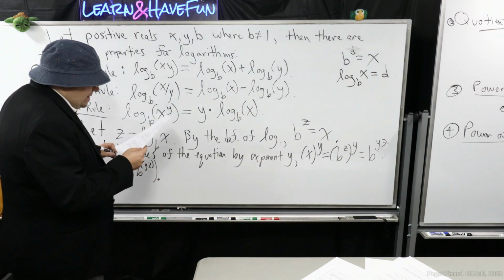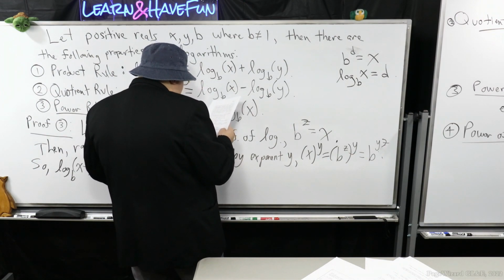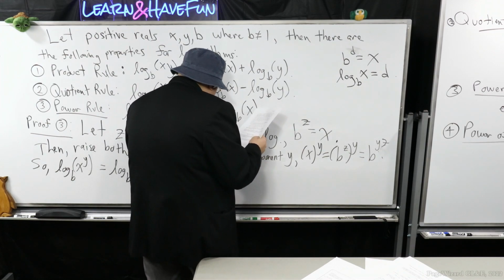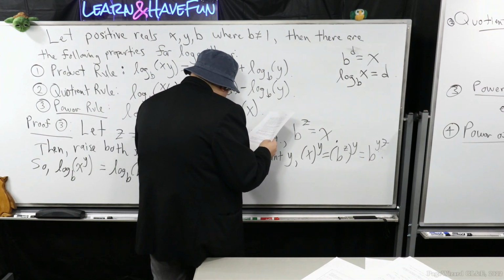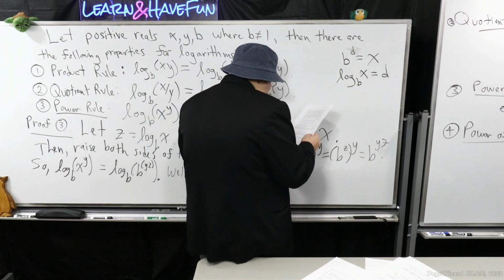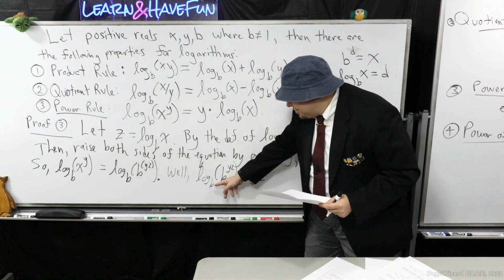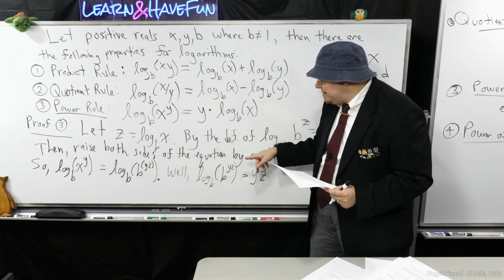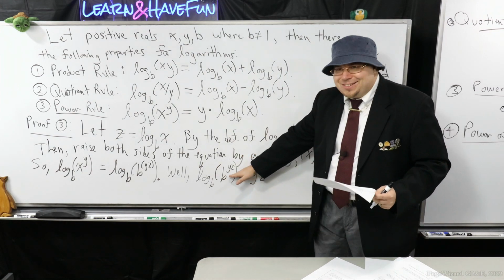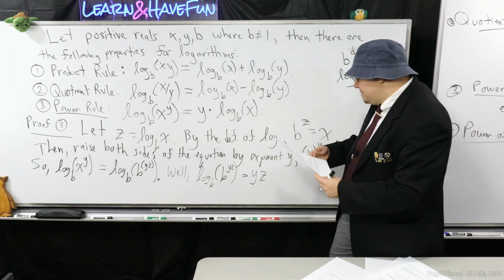So now I have this. Well, log base b of b to the yz is equal to yz, right? Because it's asking b to the what is equal to b to the power of yz. Well, this tells you the answer. It's yz, sitting right there inside those parentheses.